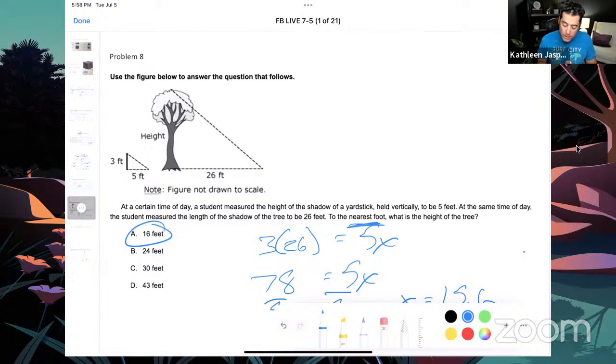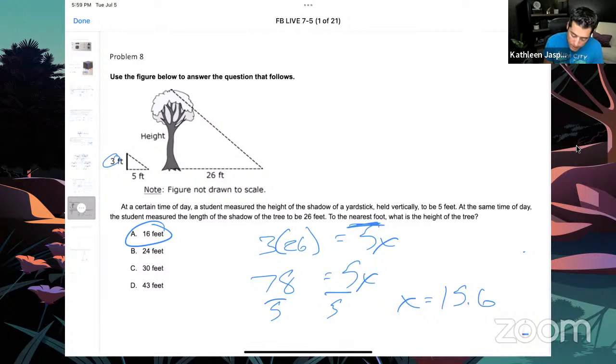If I have this at 3 feet and this at 5 feet, I've got no value for these two to work off of, the 3 and the nothing, but I do have this 5 and this 26. Proportion should always mean to you how many times bigger? If I have to make something bigger, I'm going to multiply. If I'm going to make something smaller, I'm going to divide. When you think proportion, I always want you to think multiply or divide.